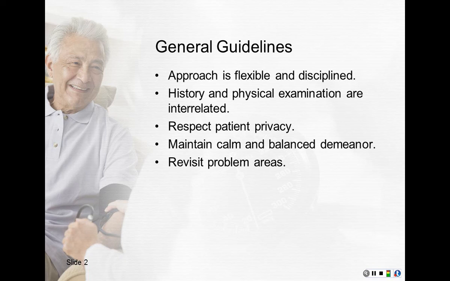Revisit problem areas. Once you've finished your history taking, go back and ask the patient, now, I understand that this is a problem. Did I get that right? Be sure that you go back and confirm with the patient what you perceive as the problem. Sometimes a second asking may clarify a point, or if you're not clear on something, ask them again, perhaps in a different way.